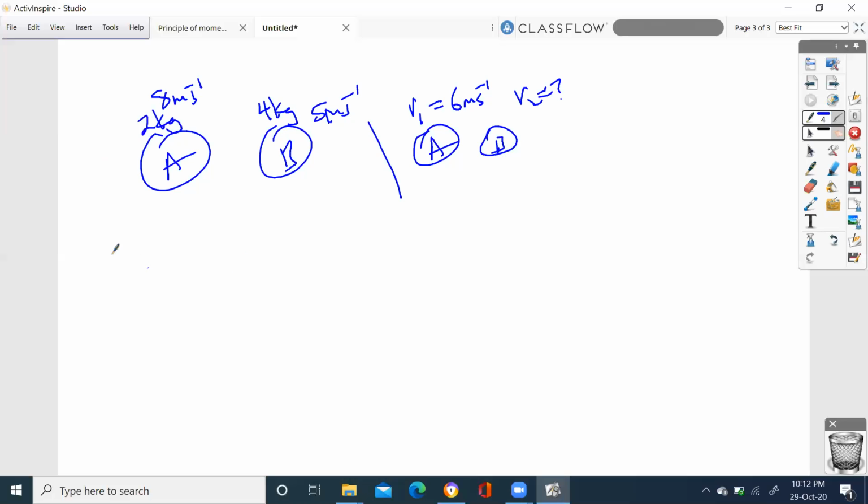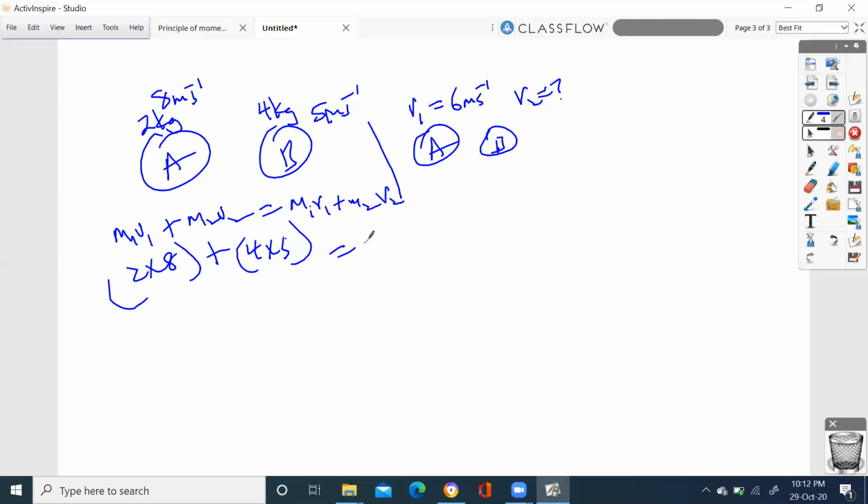Okay, let's begin with the first case. M1 U1 plus M2 U2 is equal to M1 V1 plus M2 V2. So you have 2 times 8 plus 4 times 5 is equal to 2 times 6 plus 4 times V, implying that our velocity V equals, I'm waiting for the answer.